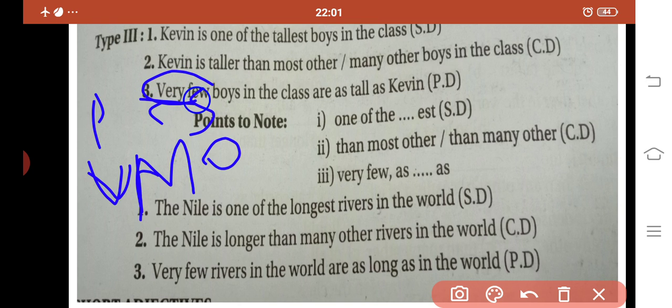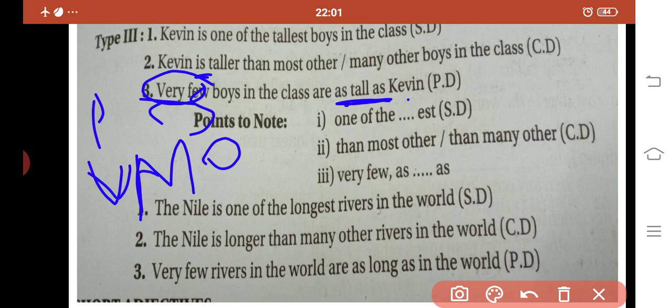Very few, as tall as. These words show that this sentence is in positive form. When we change it into comparative form, we bring the subject Kevin in front of the sentence, and we have to put the tense is, because Kevin is a singular person here, so we need to put the tense in singular form.